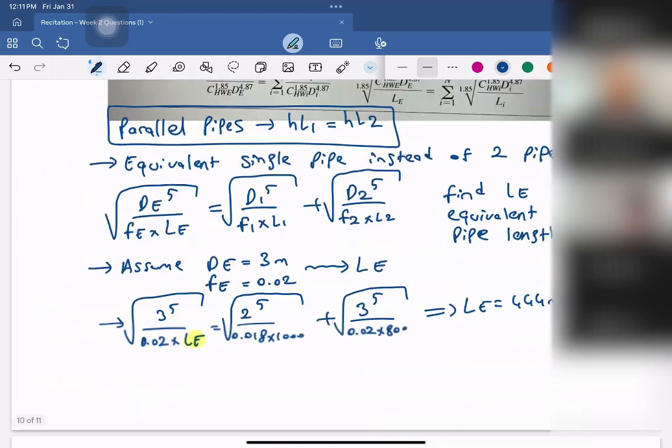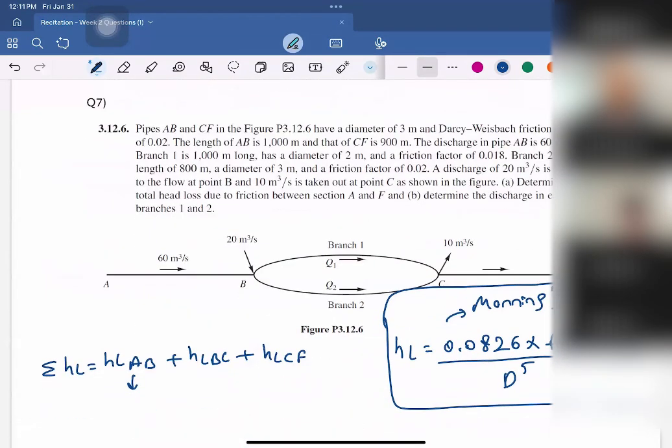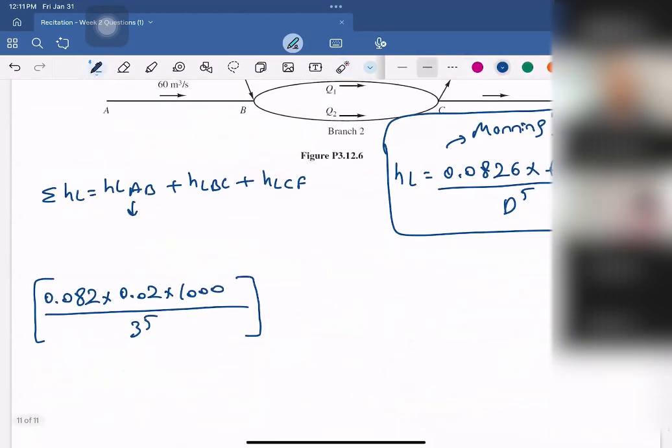The discharge at point AB is 60 cubic meters per second. Since we are dealing with Q to the power of M, and M was 2 for Manning's, we can write this equation.